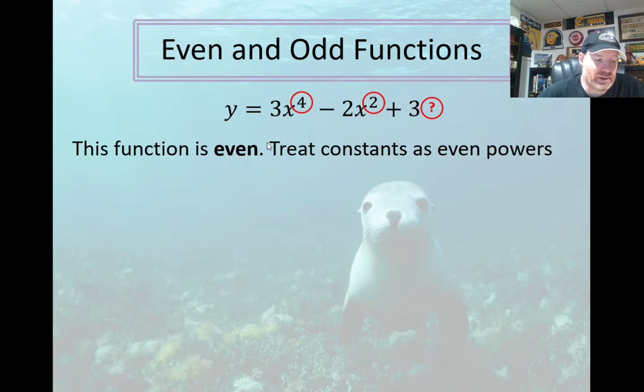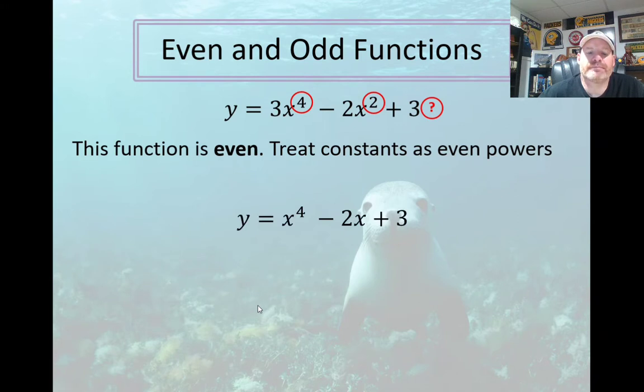I like to tell my students to think of it as x to the 0, and 0 would be considered even because anything to the 0 power is just 1. So essentially we have 3 times x to the 0, which is 3 times 1. So 4, 2, and 0, they're all even.